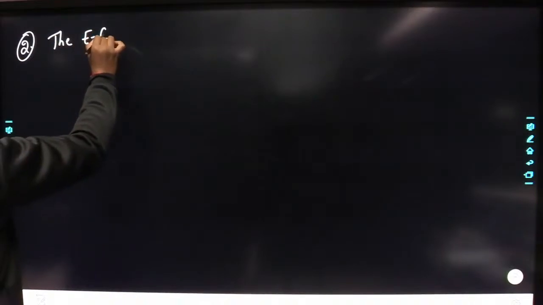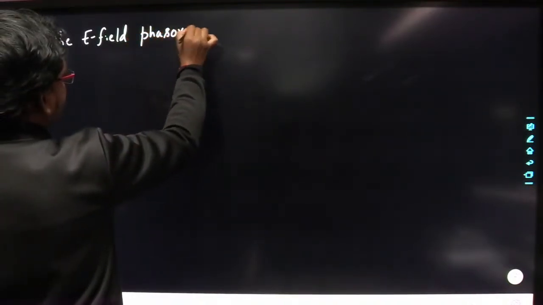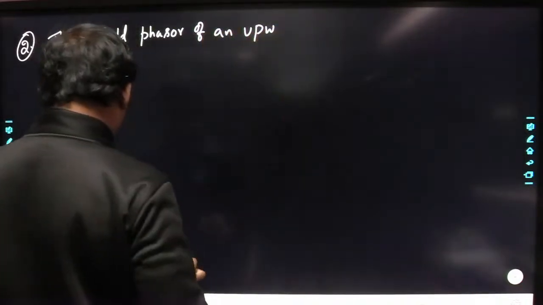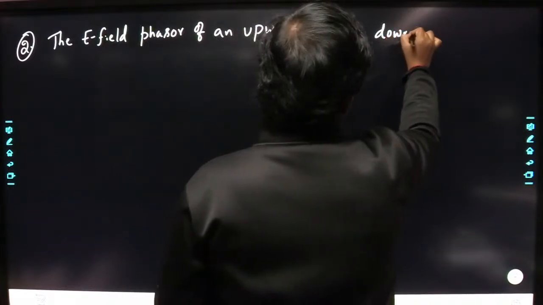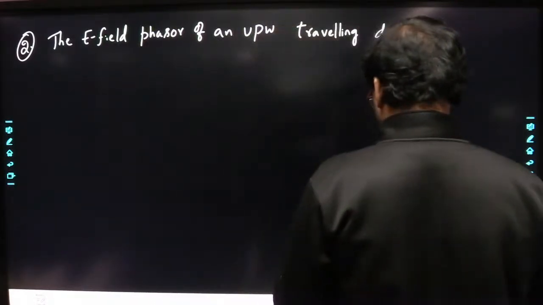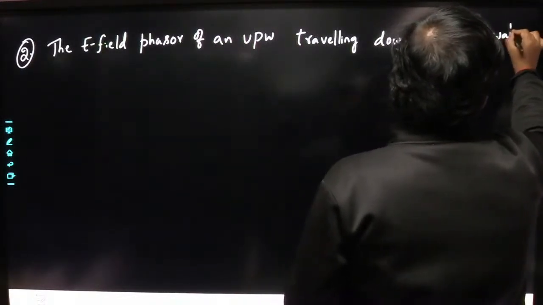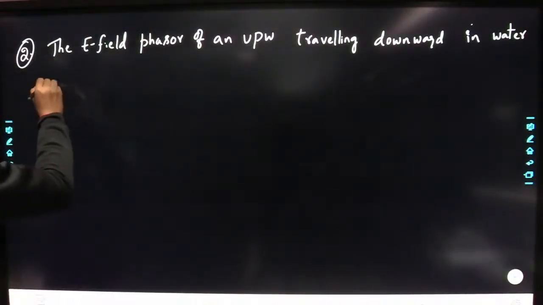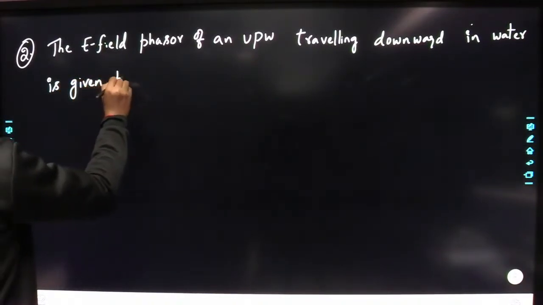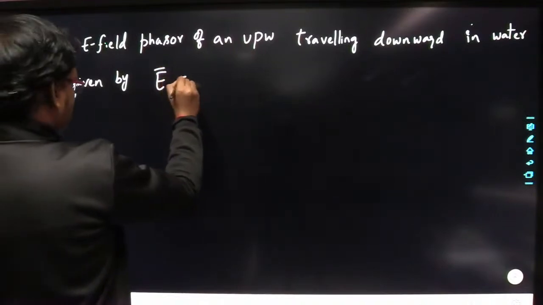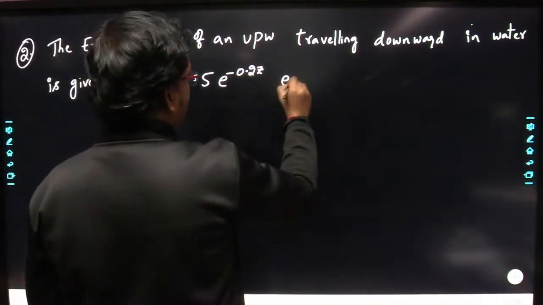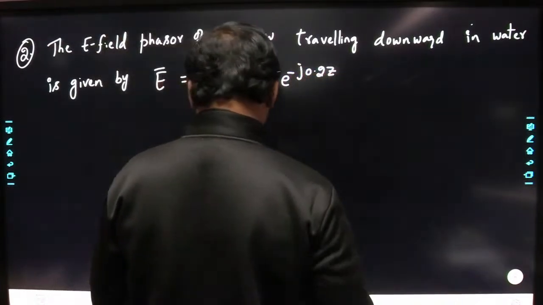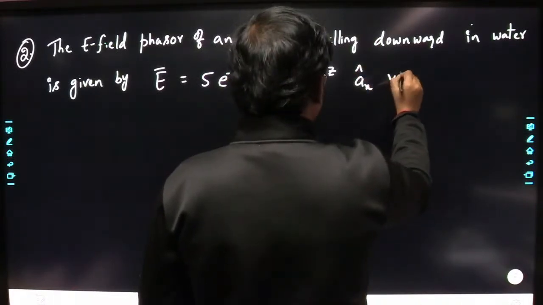The electric field phasor of a uniform plane wave traveling downward in water is given by E bar is equal to 5 into e power minus 0.2 z into e power minus j 0.2 z ax cap volt per meter.